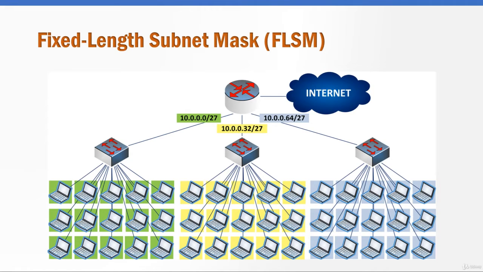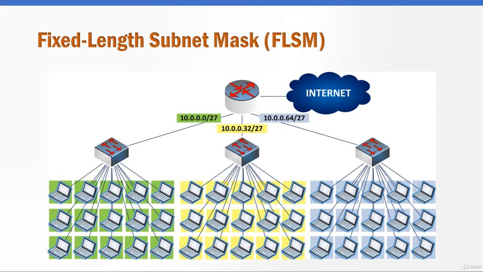But we need two additional IP addresses, one for the network ID, or the network IP address, and the second one for our broadcast IP address. That means in total, we need 18 different IP addresses per subnet. So each of these subnets needs at least 18 different IP addresses.